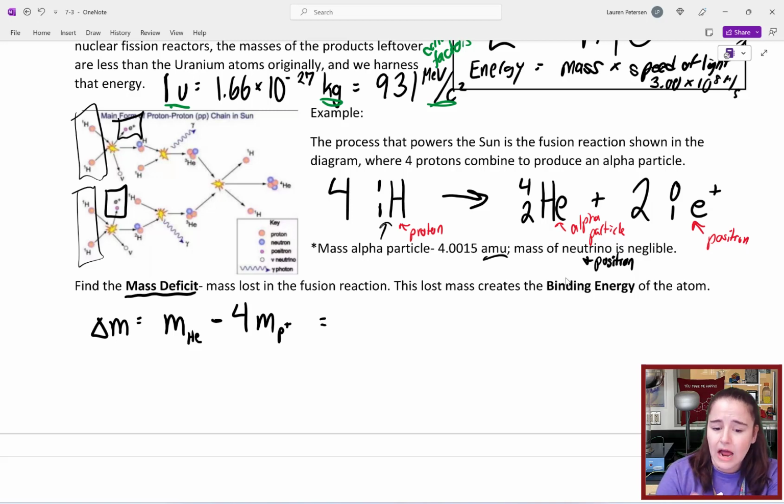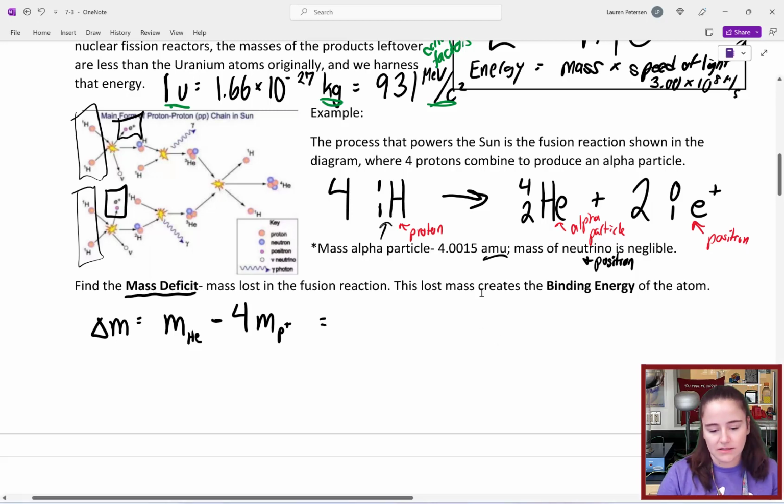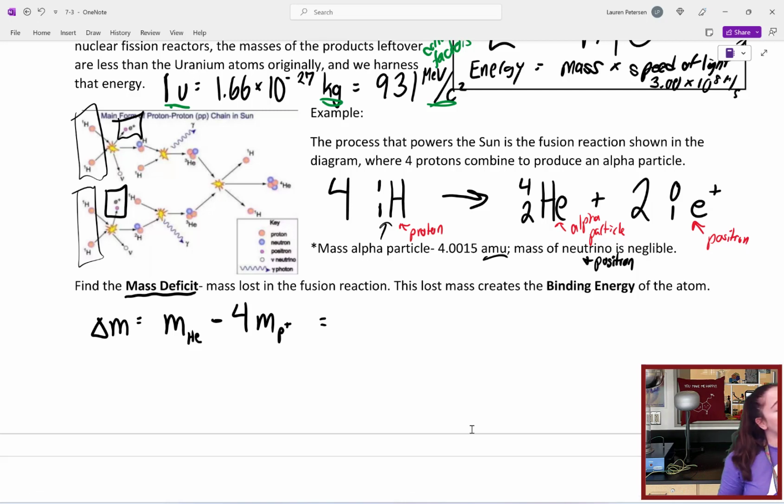So the mass of the helium, they told us, is 4.0015 AMU. I'm going to convert that to kilograms because on our equation sheet, we only have the mass of a proton in kilograms. Let's go ahead and convert this number. I'm going to times it by 1.66 times 10 to the negative 27.